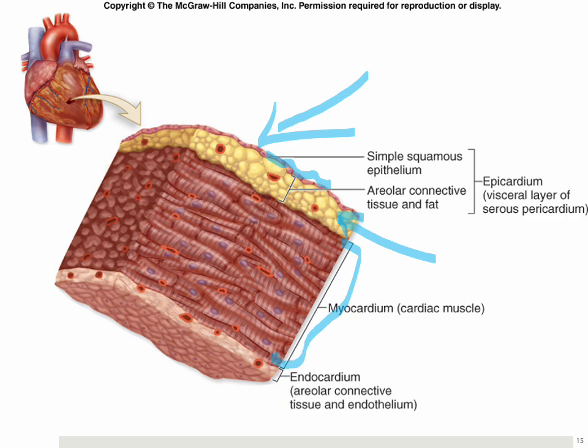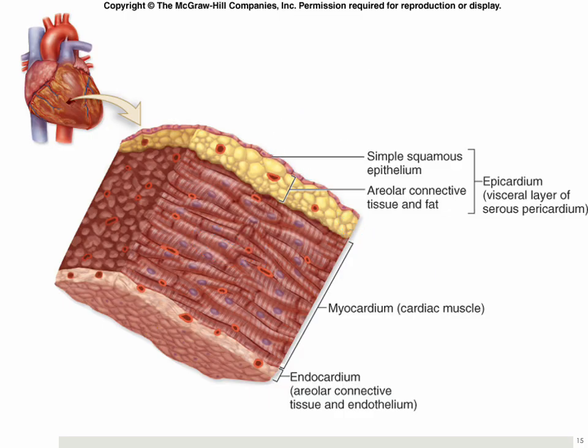And as you guys can see, there is cardiac muscle here, all right? And then underneath this, we have the endocardium. You can see here the squamous epithelium. And underneath, there's a little bit of connective tissue, okay? Let's break this down and make sure you guys comprehend that.